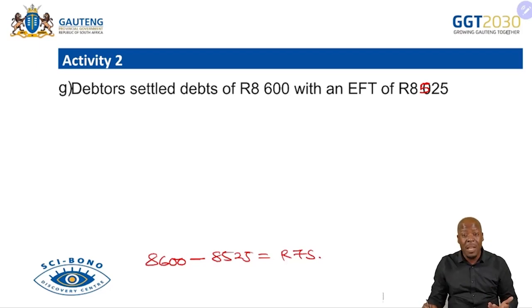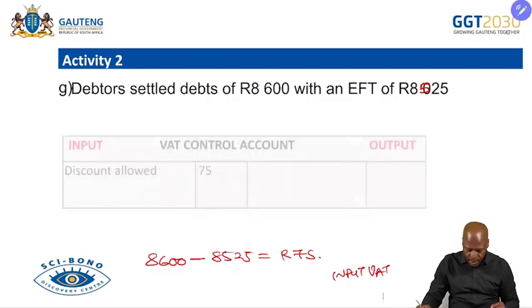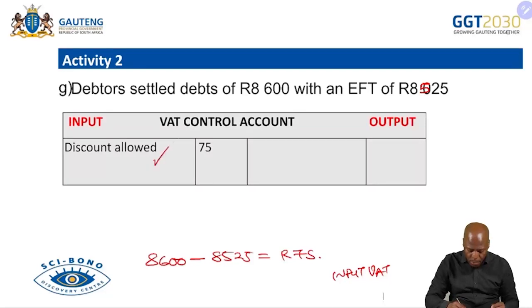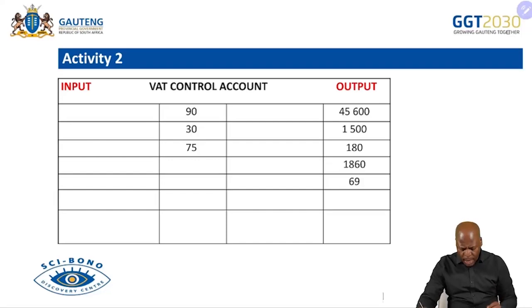So once we give discount, it reduces the amount that is due to SARS. Therefore, it goes to the input VAT. It reduces the amount that is due to SARS. There it is. It goes to your input, 75, that is your discount. Now, let us quickly see the account as we close it off.